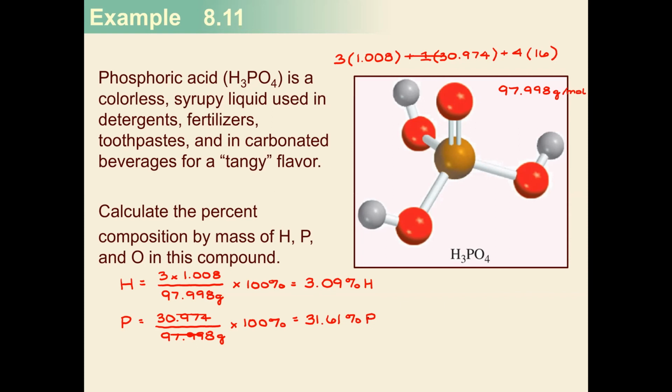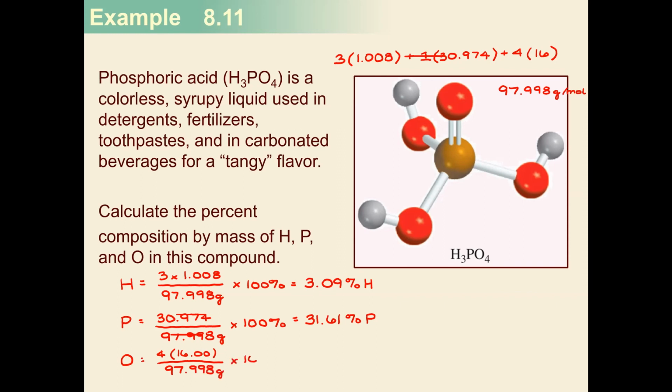phosphorus. If I wanted to do oxygen, I could just do a process of elimination and take 100% and subtract these two, but let us go ahead and do it using the formula just to verify that it works out. So for my oxygen, I will have 4 times my 16, which will come out to 64. Divide that by my 97.998 grams.